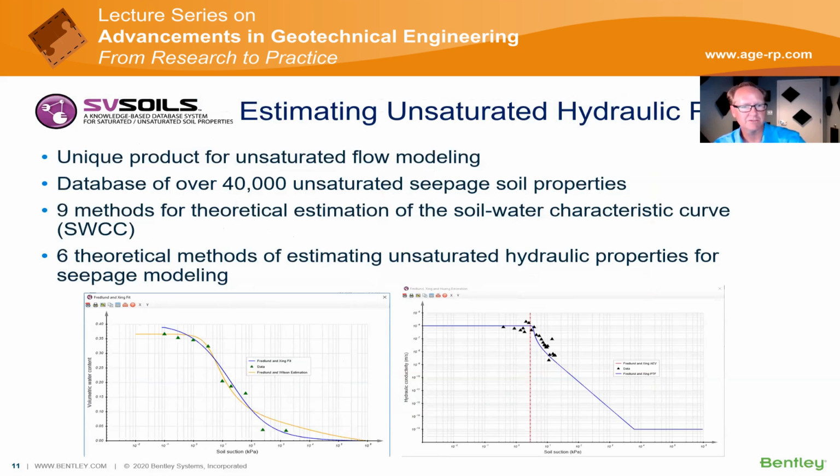There's 9 methods for estimating the soil water characteristic curve. There's 6 theoretical methods for estimating unsaturated hydraulic properties. So a lot of times, if the budget is somewhat limited, then you can make use of estimation methods. In this case, you can data mine the database for similar soils, or you could use one of the methods for theoretical estimation of the soil water characteristic curve.